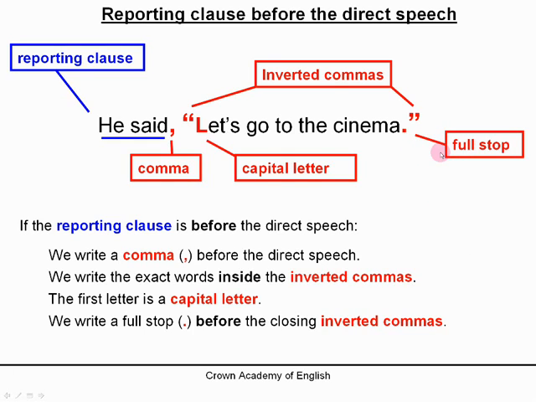So we write a full stop at the end of the direct speech and before the closing inverted commas. Okay? So a full stop is a dot on the bottom, on the line of the text. Full stop is British English. In American English, they call it a period. Okay? But it's the same thing.